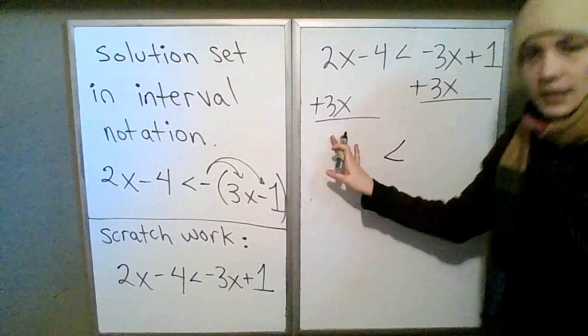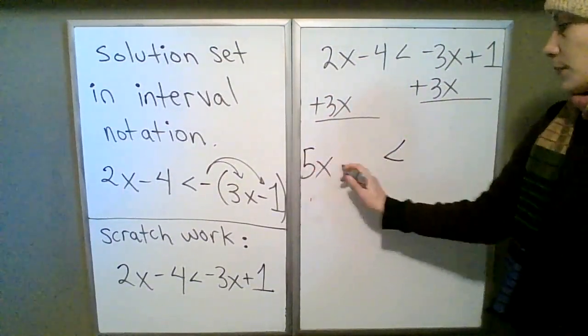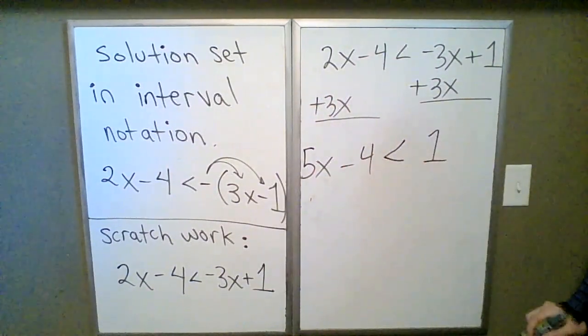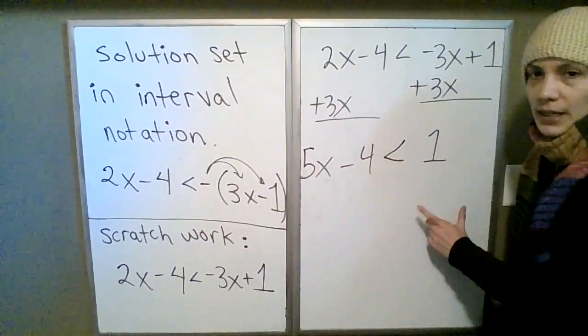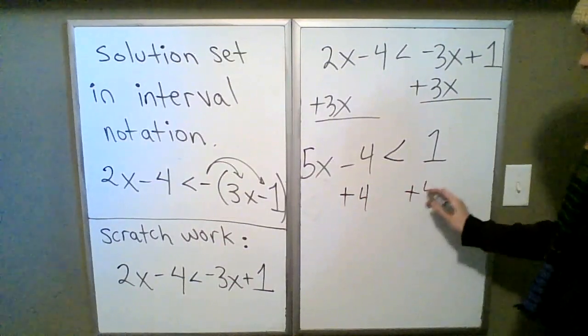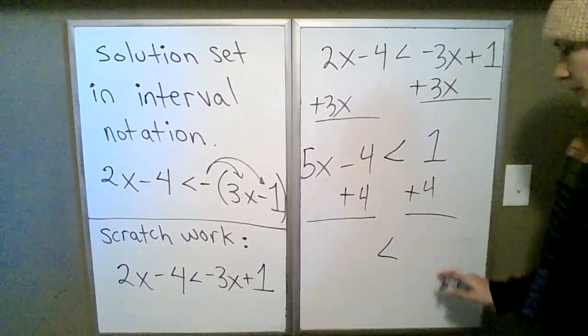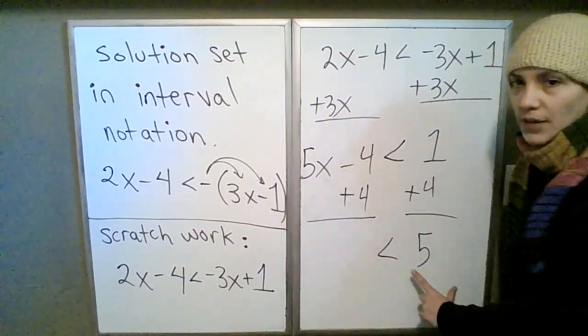And then on this side, we have 5x minus 4 less than 1. I would add 4 to both sides. Okay, with 5x less than 5.